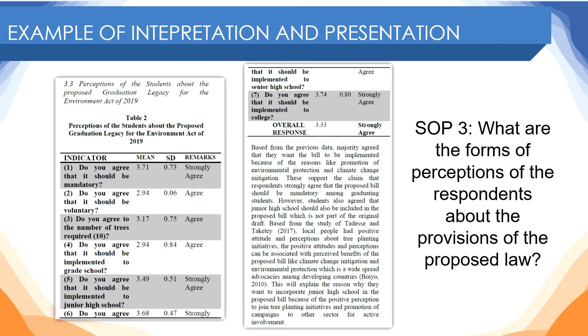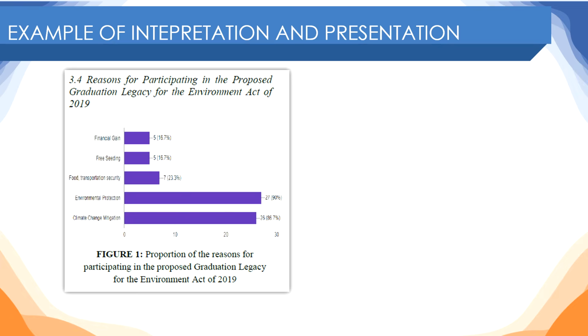So when interpreting this type of result, we should identify the dominant or notable patterns in the responses. We should not simply copy the numbers from the table or graph. Instead, we should explain what those numbers tell us about the respondents' perceptions.